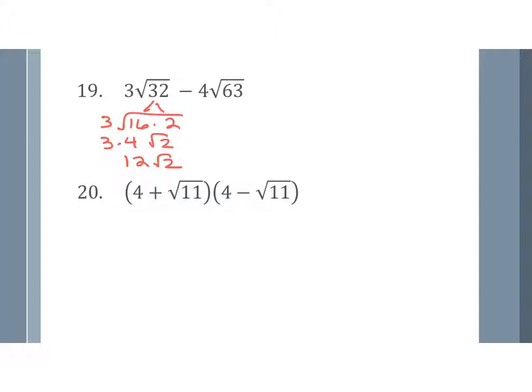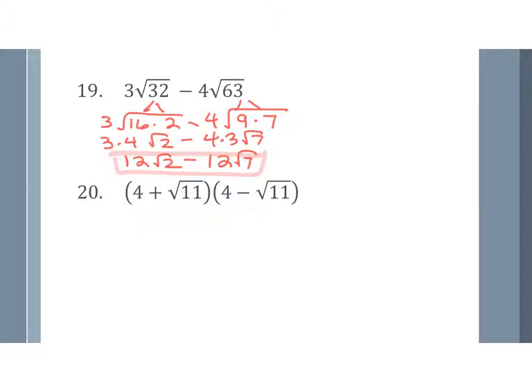The 63 is going to be 9 times 7, 4 times 3 times radical 7, and this becomes 12 square root 7. These are not like radicals, so I can't do anything else. I'm done.